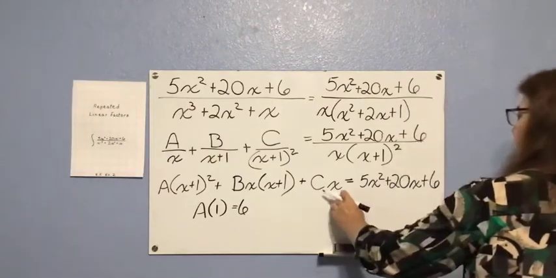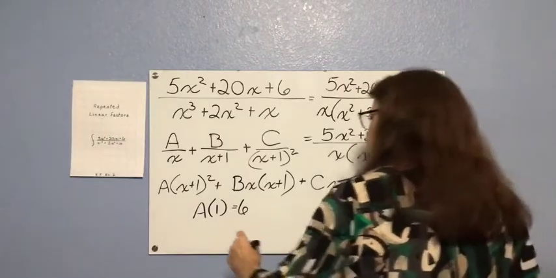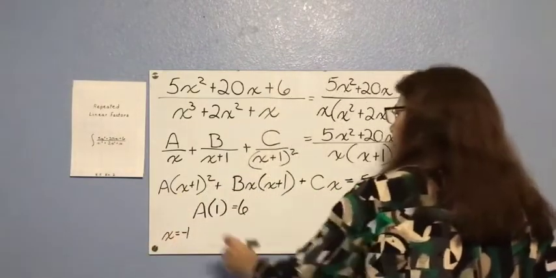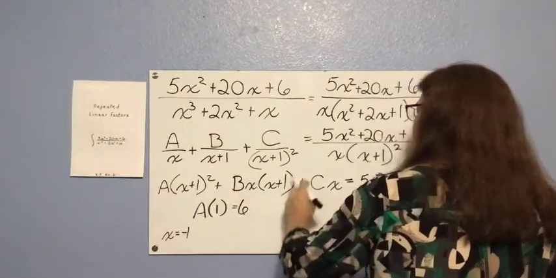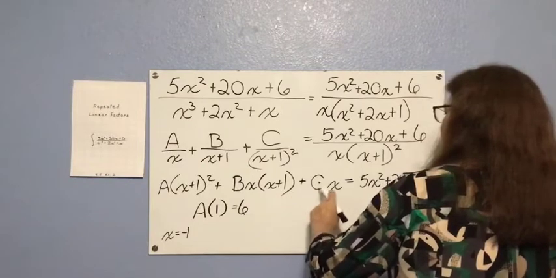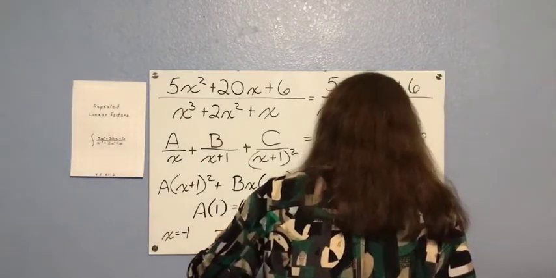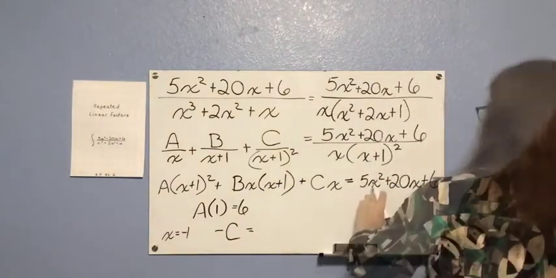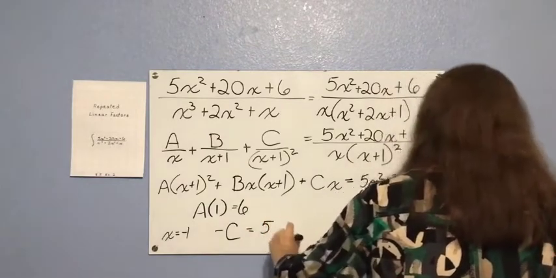Now I'm going to solve for c by letting x equal -1. So when x equals -1, this is going to be 0. Because of this, this will be 0. And I'll have c times -1, so negative c. On the other side, -1 squared is +1, so I'll have 5.